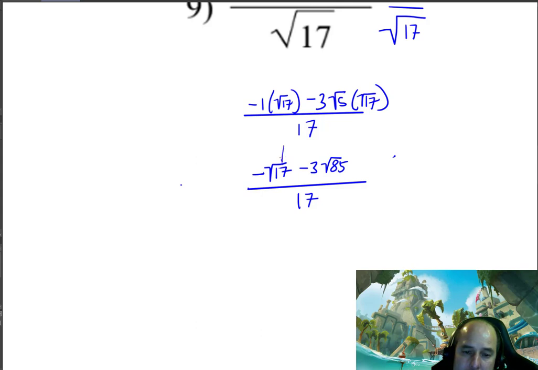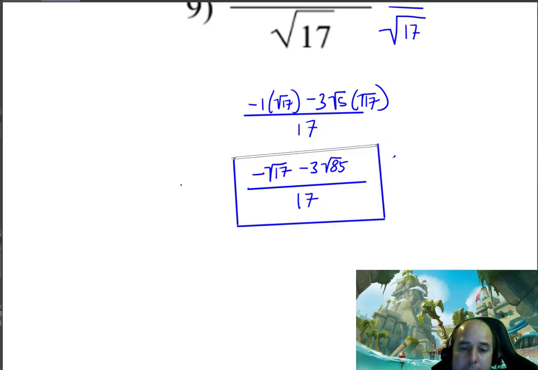Also, you'll notice that each of the radicals has no perfect squares that I could take out of it, right? So really, this is the best that I can do. Is it ugly? The answer is absolutely yes. Is it the answer? The answer is absolutely yes. So this is the answer, all right?